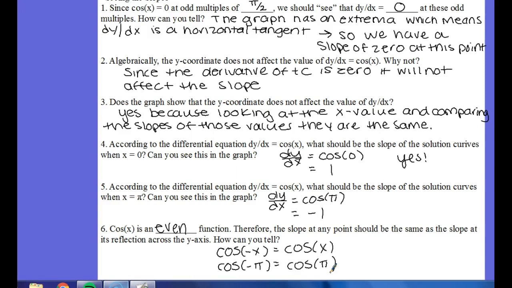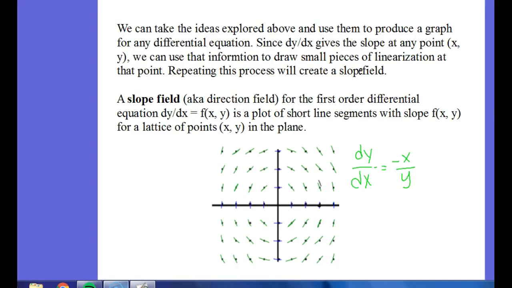The reason we do this with cosine is because its inverse is sine, and it's really nice to see them that way, because you know the graphs of them. But we can use slope fields for lots and lots of different functions. Typically a slope field is a graphical interpretation of what's happening on slopes.